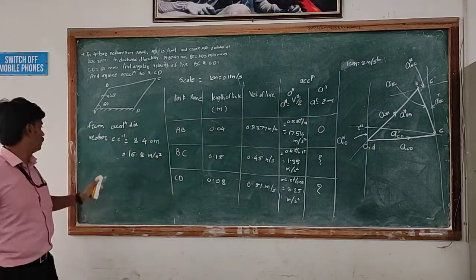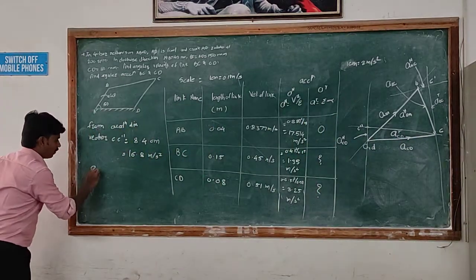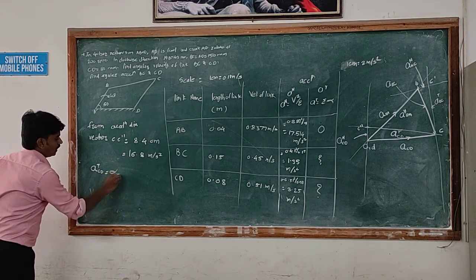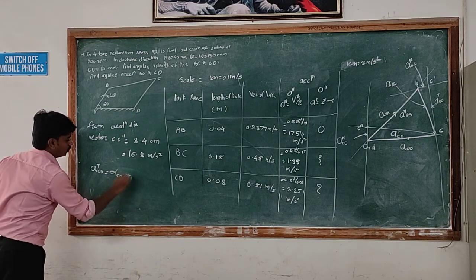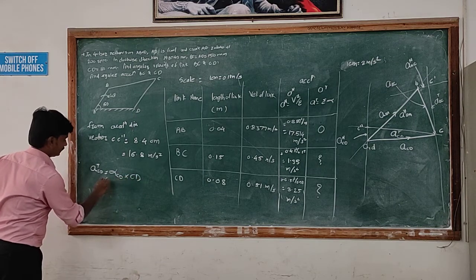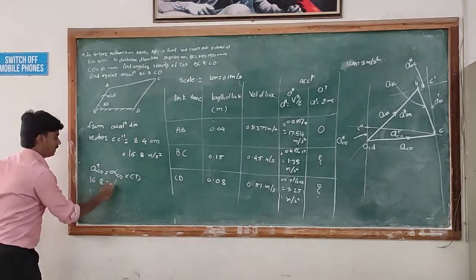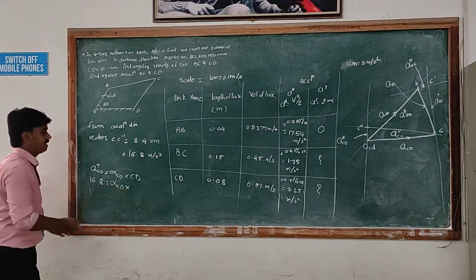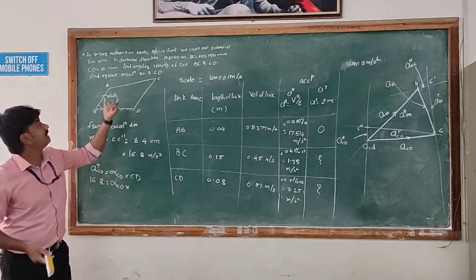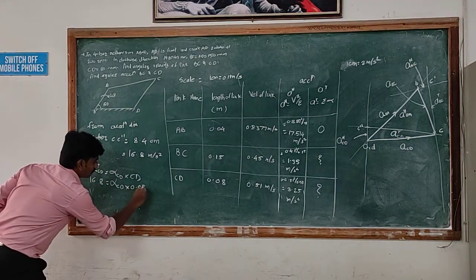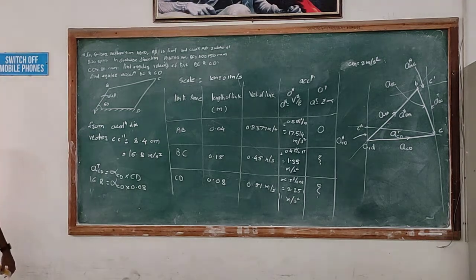Now, the formula for tangential acceleration of the link CD is equal to alpha CD into link length CD, which is equal to 16.8. What is alpha CD? We don't know. What is the link length CD? CD is equal to 0.08 meter.